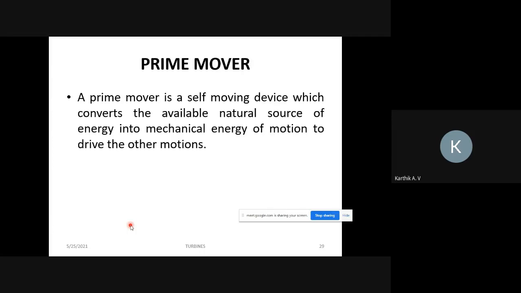Mechanical energy is nothing but rotation of the turbine blade. Natural source of energy, such as water, or some initial energy is utilized by this prime mover to start rotation of the turbine blade. So that is called a prime mover.